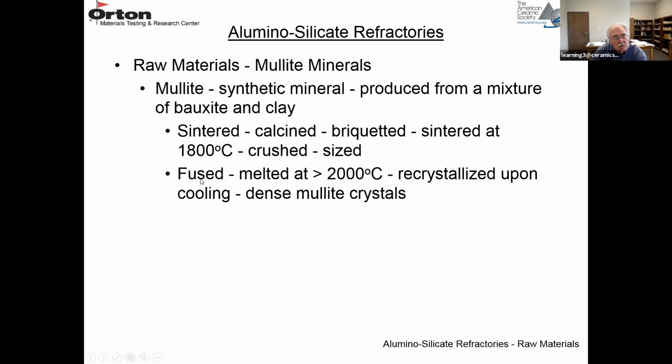And the fused ones, you melt it in an electric arc furnace at a temperature greater than 2000 degrees C, and you pour it into molds, and it recrystallizes upon cooling, and now you have dense mullite crystals. So dense crystals are an advantage over sintered crystals because there's very little porosity, and that enhances the corrosion resistance of that material by eliminating the porosity.